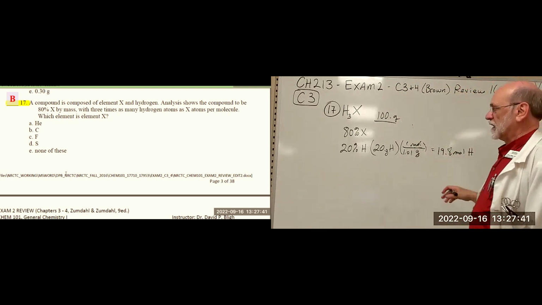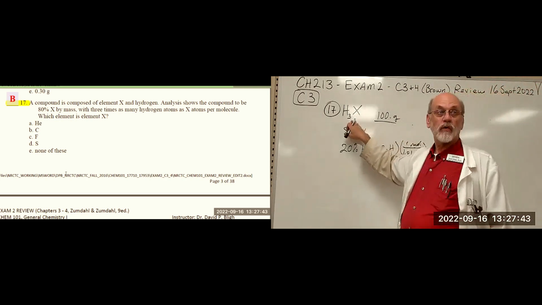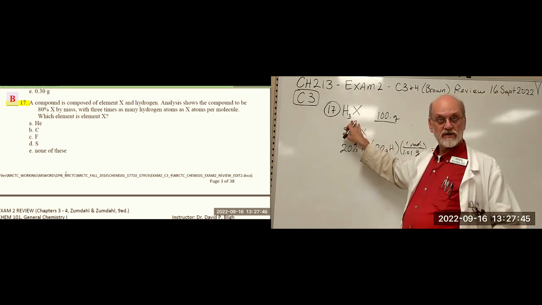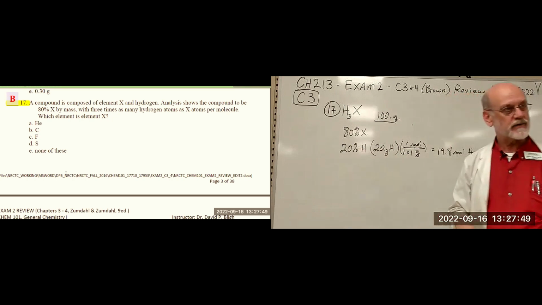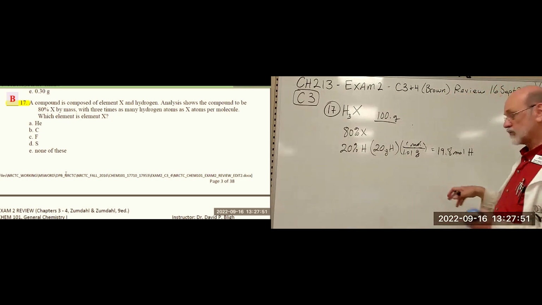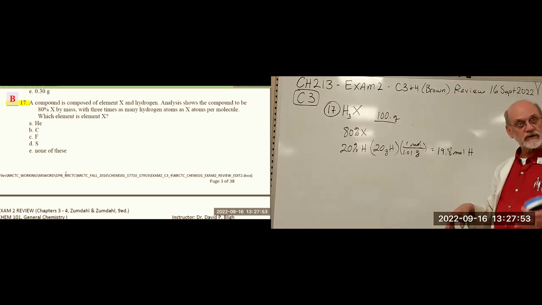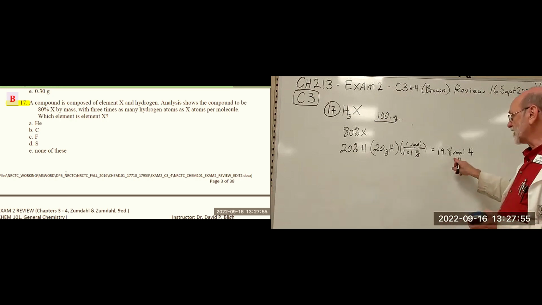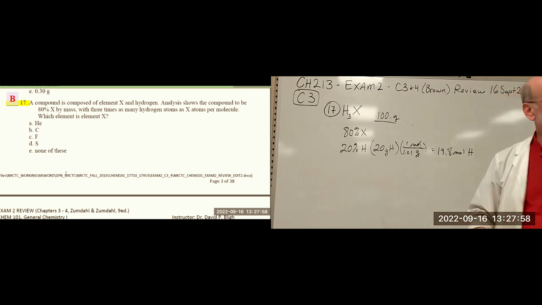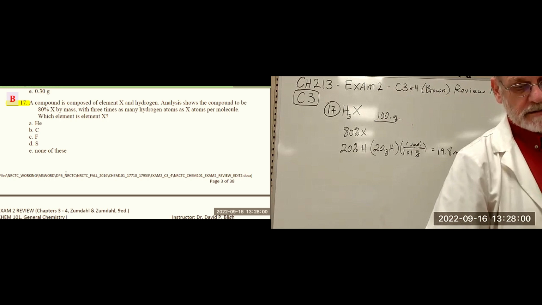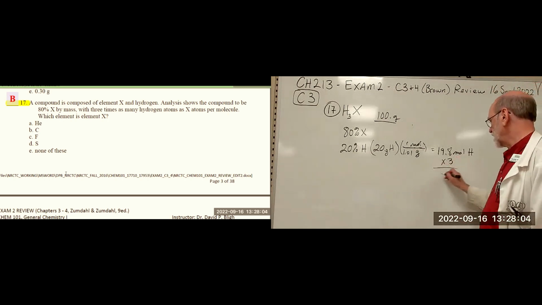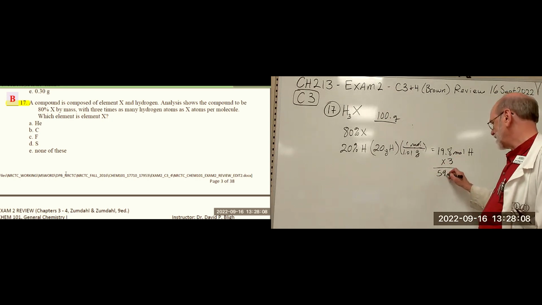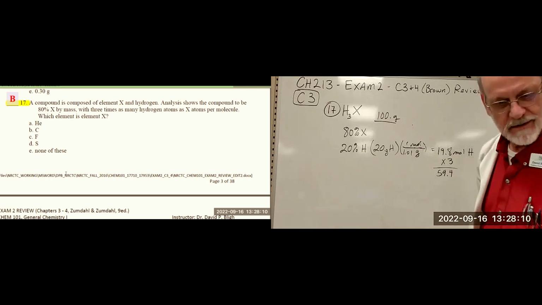Okay. This ratio is mole ratio as well as atom ratio. So we've got 3 times as many moles of hydrogen as we do X. So how much X do we have? 3 times 19.8, right? 59.4.